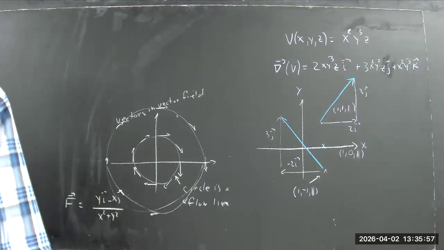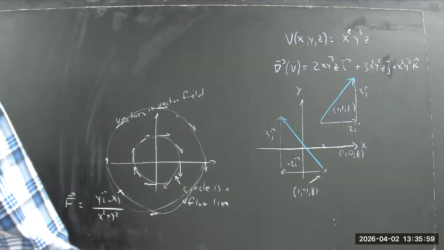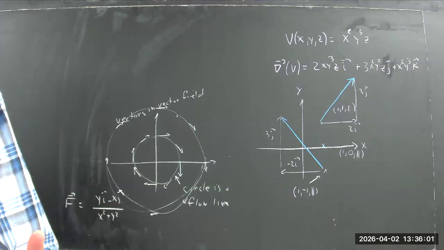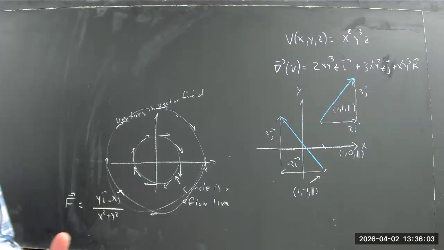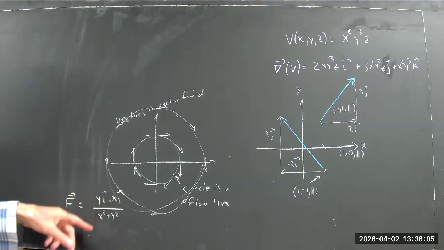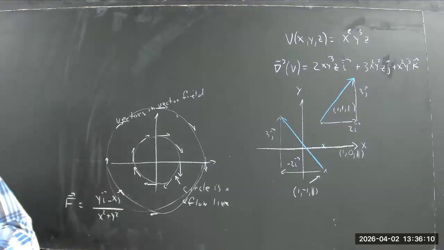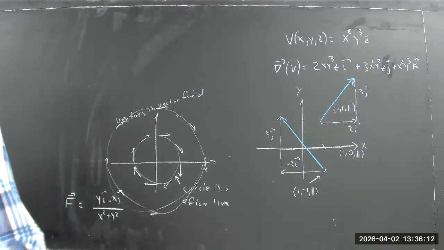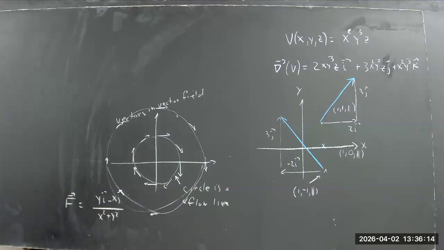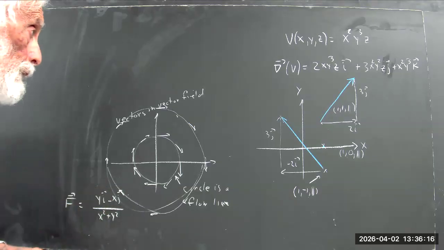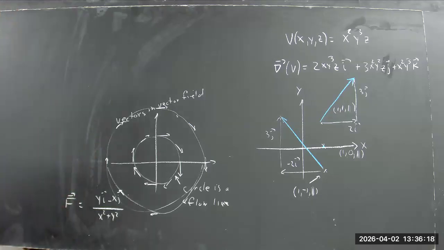It's kind of like water going down a drain, isn't it? Like a vortex. Now, I don't think that's the right expression for an actual vortex in a bathtub or something like that. I don't think energy would be conserved there. But anyhow, there it is.